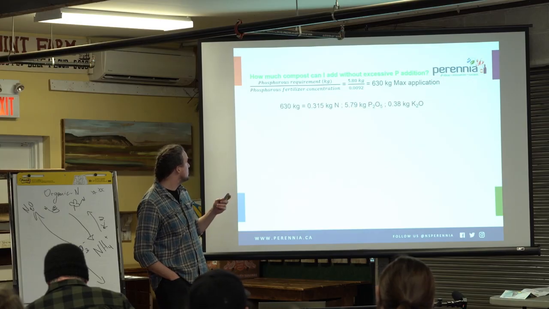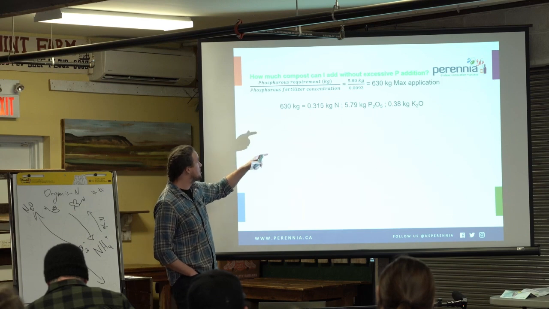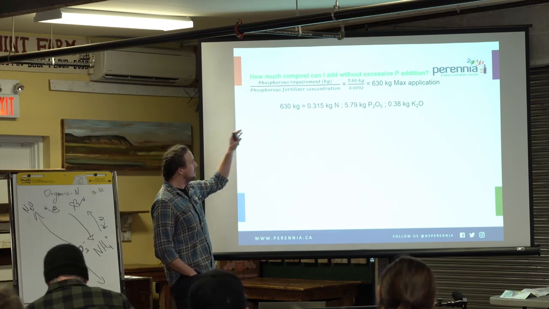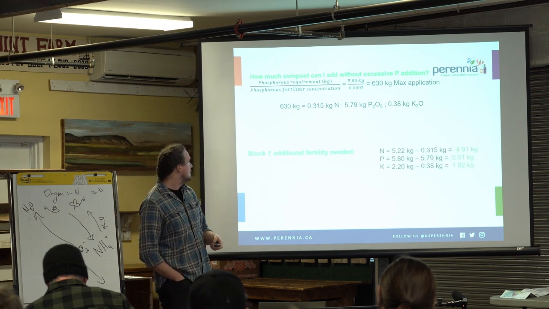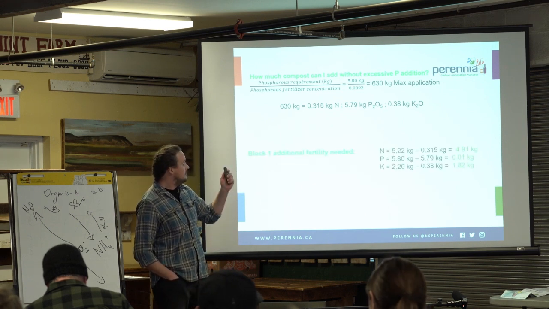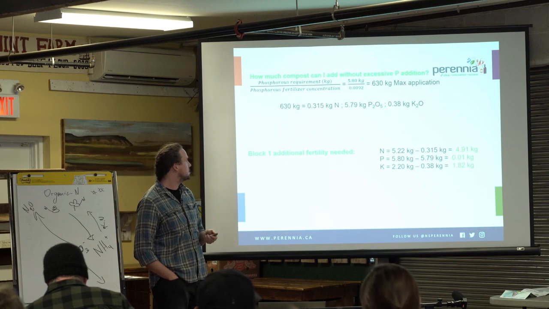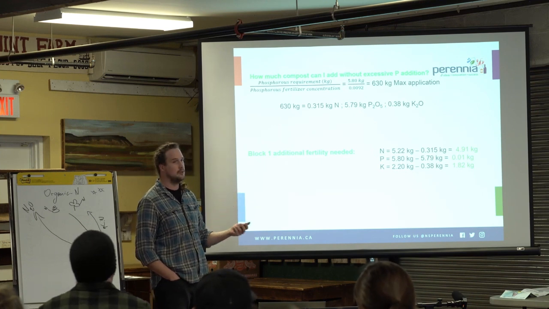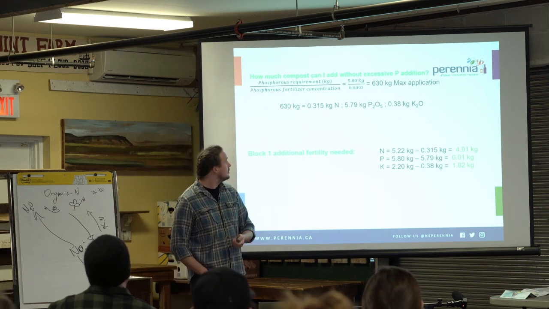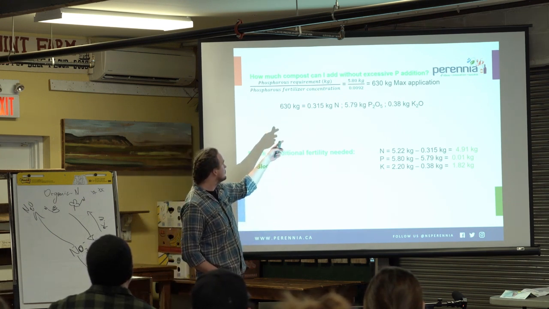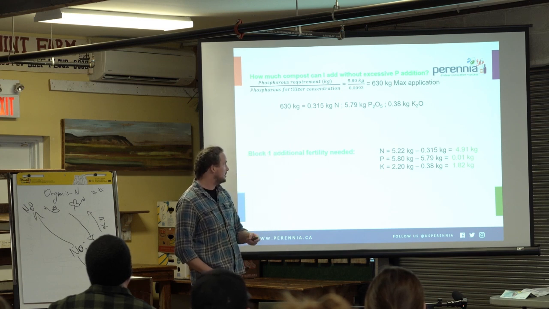At 630 kilograms, I use the same equation to figure out my nitrogen and my potassium. That means I'm meeting my phosphorus requirements, but I'm not meeting my nitrogen or potassium requirements. In this example, I'm getting 315 grams of nitrogen.